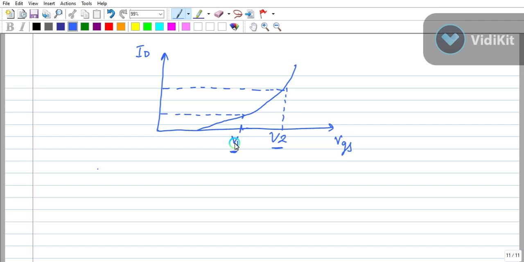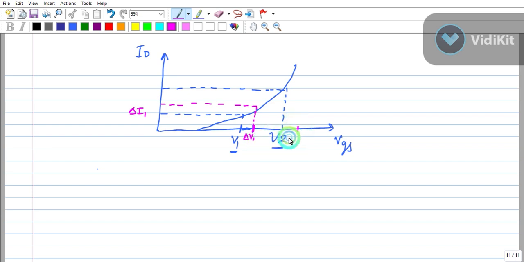Okay, if I'm giving an input signal, let's take a different color, this changes from V1 to V1 plus delta V. Delta V is the voltage change. So the change in current will be delta I1.